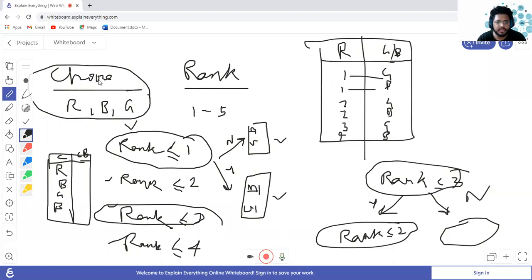So here, for choose the color, the first question is how many colors he can choose. Can he choose more than one color, or only one color? Suppose the question says he can choose more than one color. So what are all the combinations?